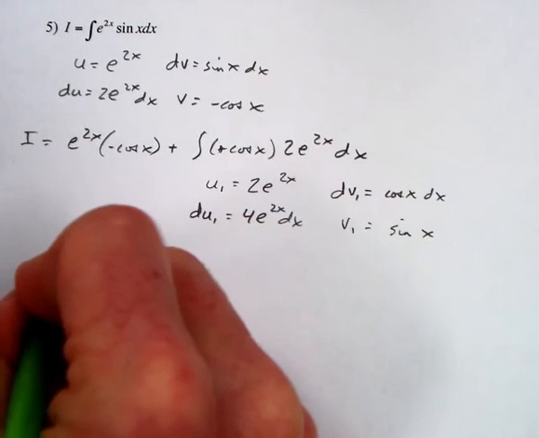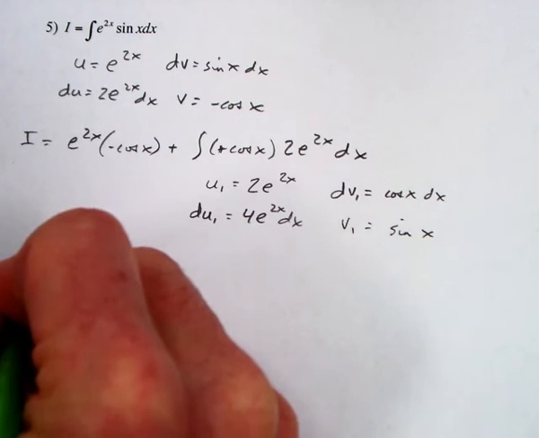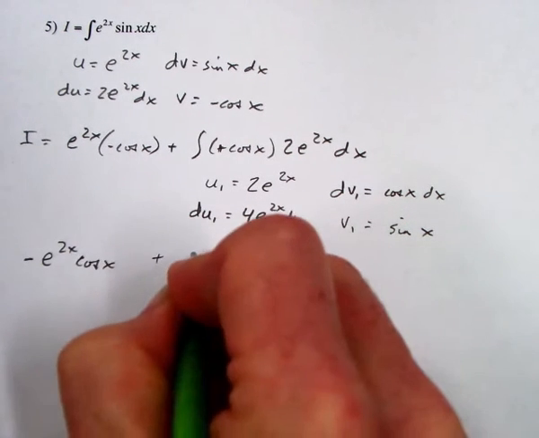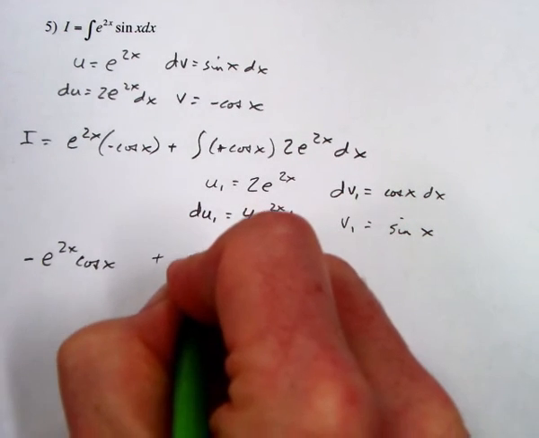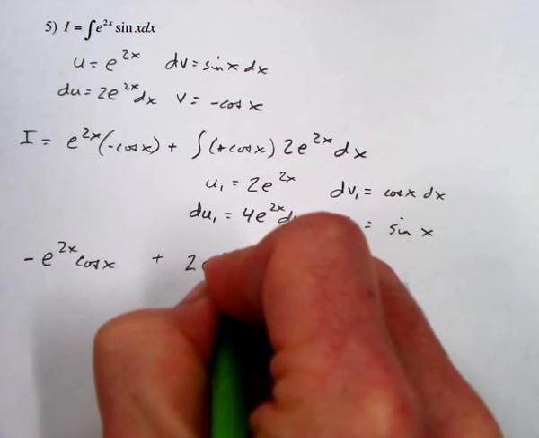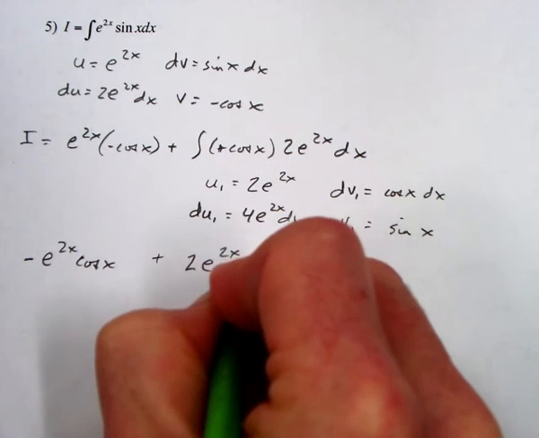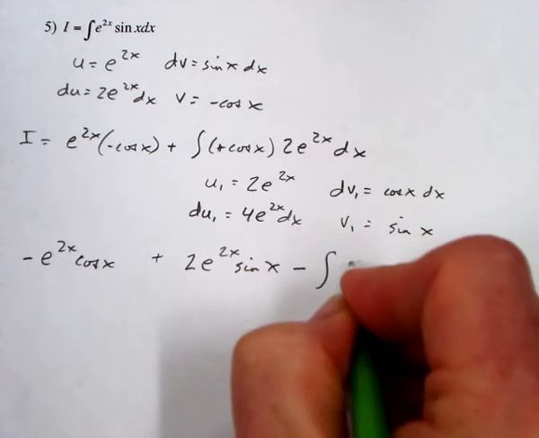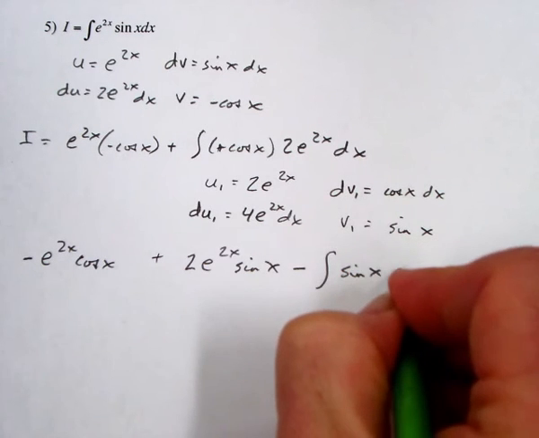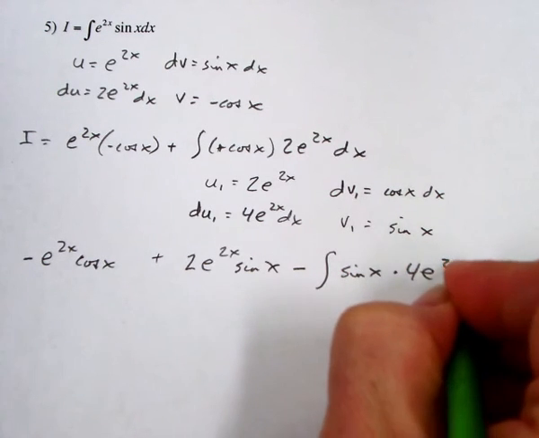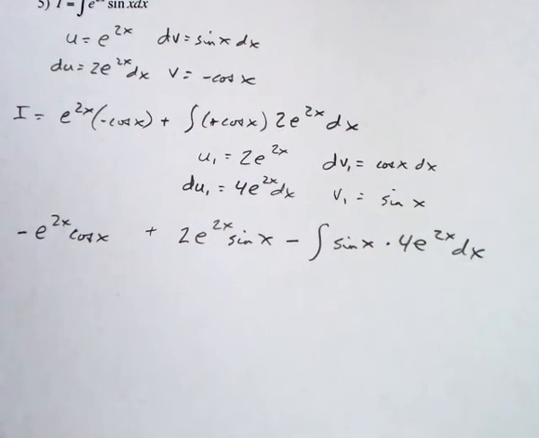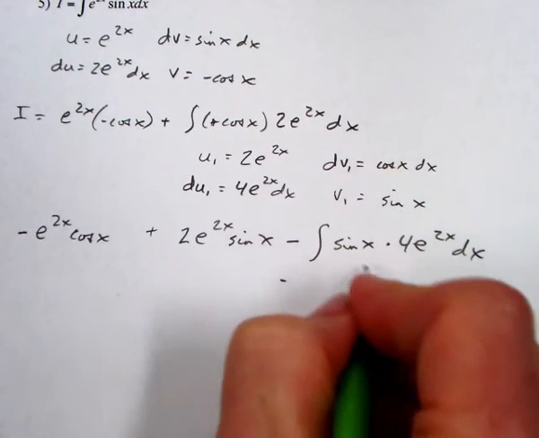We have e to the 2x, let's put the negative out in front, cosine of x. Now we have 2e to the 2x times sine of x minus the integral of sine x times 4e to the 2x dx. Does that look familiar?